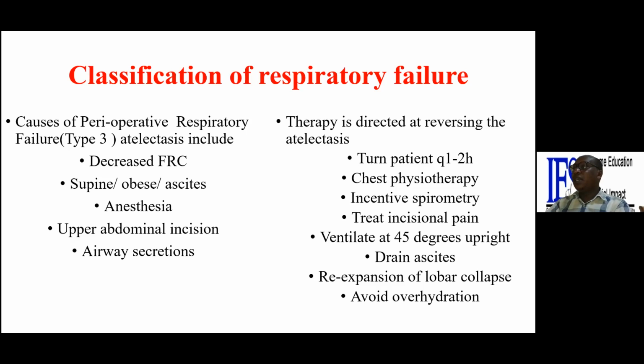If we have a spirometry, it will help you to see how the patient is able to breathe in and out. Of course, if possible, a patient may be ventilated in upright position, especially you position your bed at 45 degrees. If the patient has ascites, you might drain it to facilitate the expansion of your lungs.